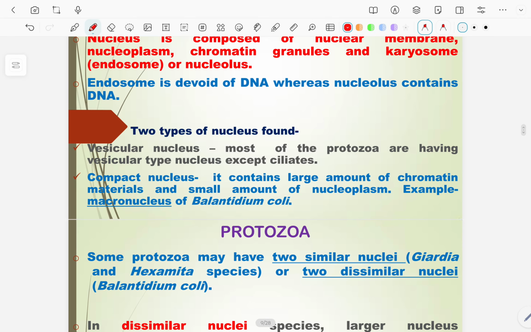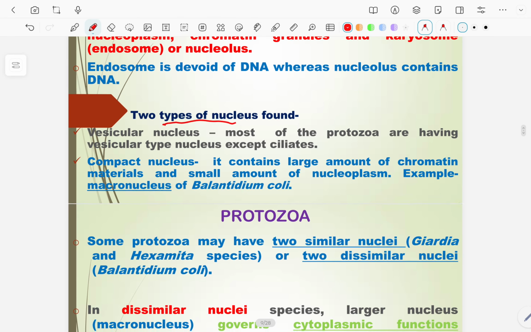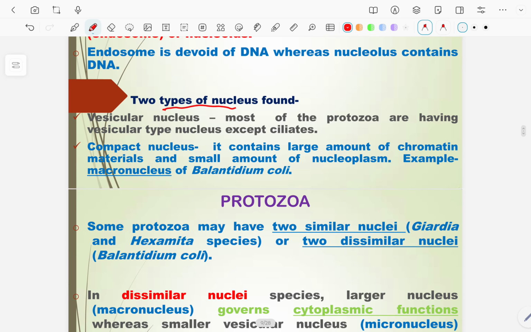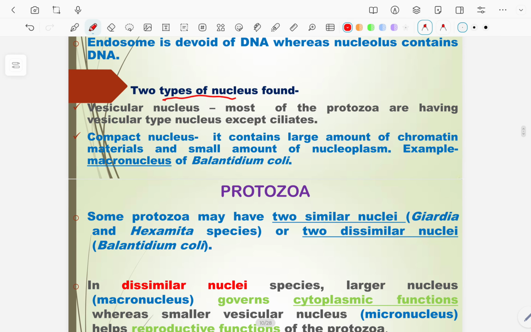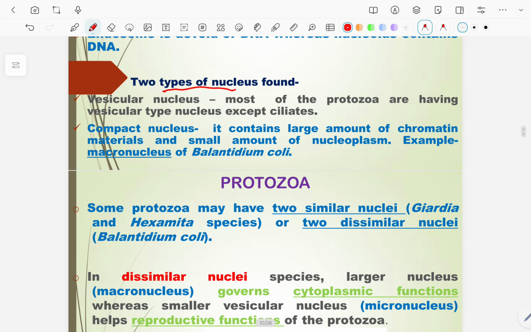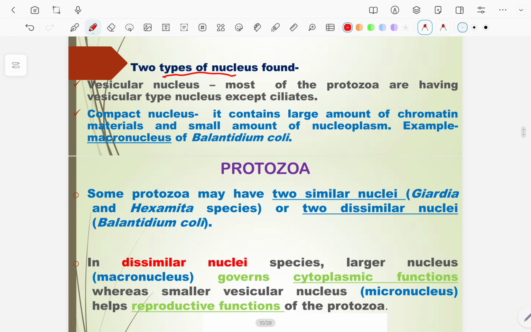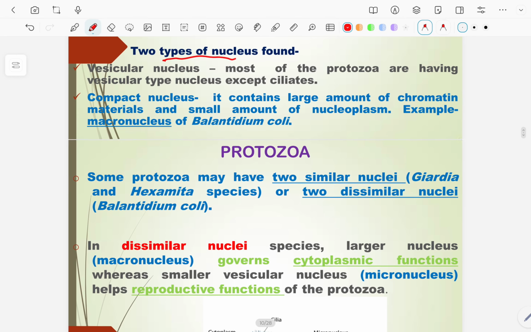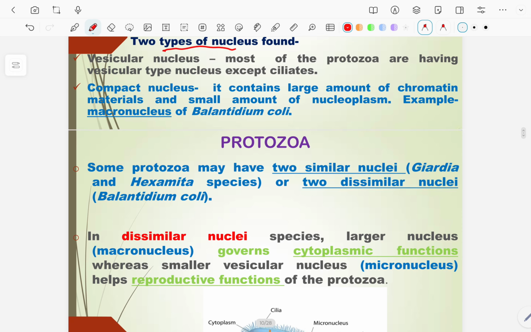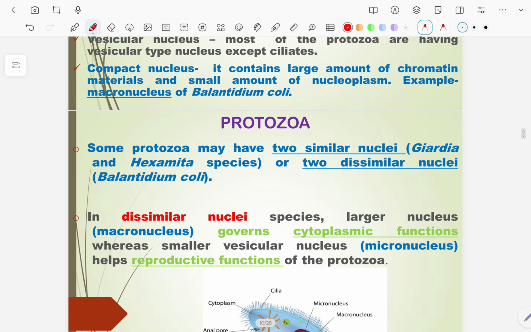Two types of nucleus are found. Vesicular nucleus: most of the protozoa have vesicular type nucleus, except ciliates. Compact nucleus contains a large amount of chromatin material and a small amount of nucleoplasm. Example: macronucleus of Balantidium coli.